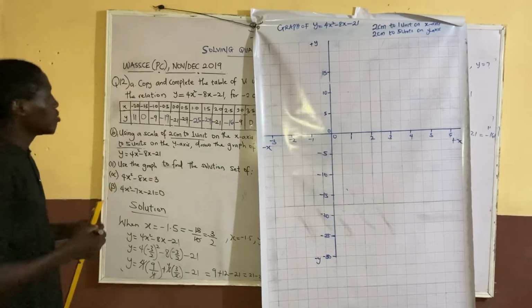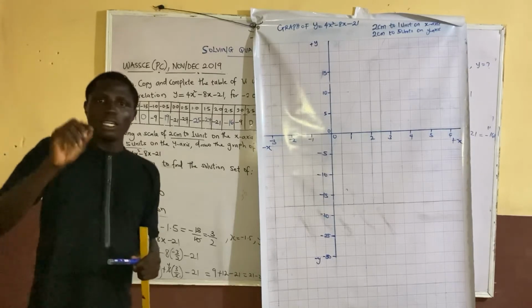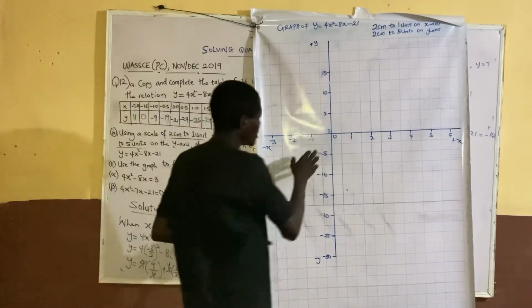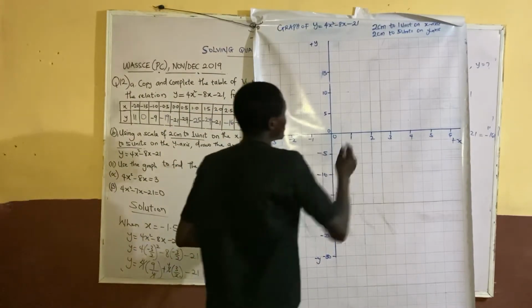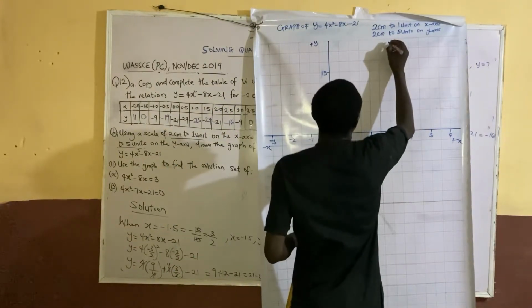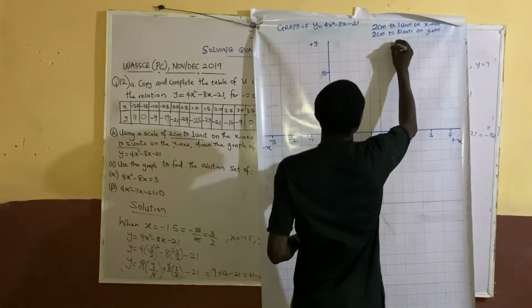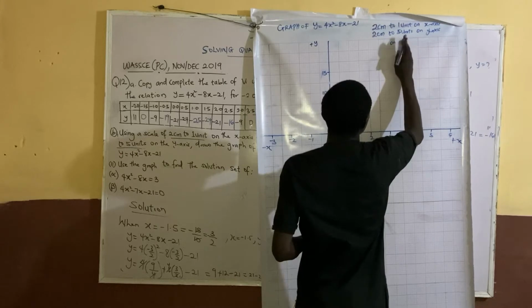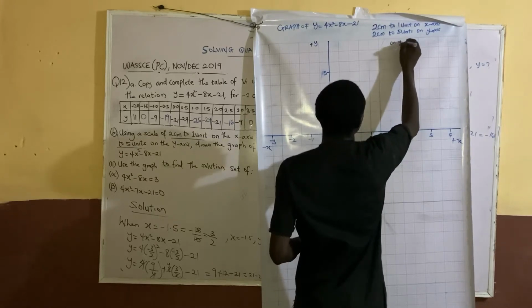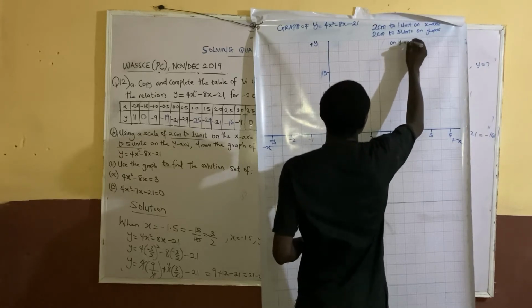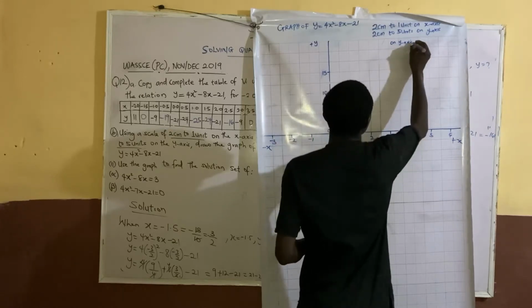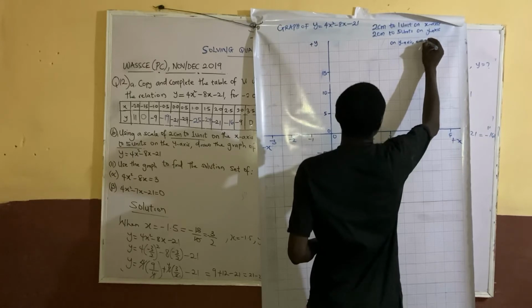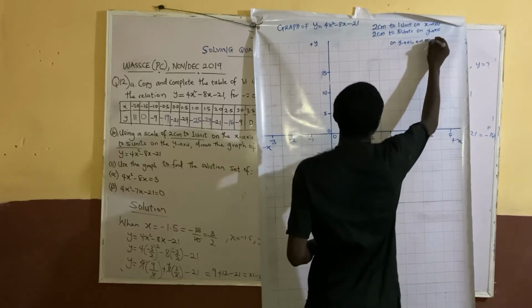Now how do I know what each small box represents? Let us start from y. On the y-axis, each small box represents what?